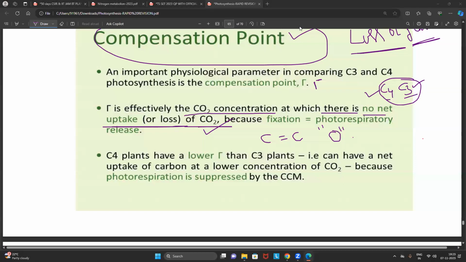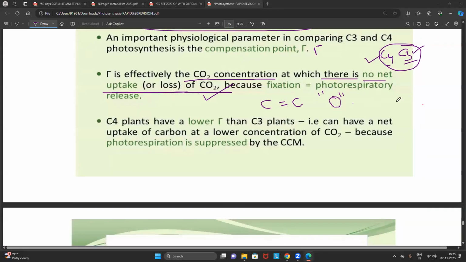Now, can I tell you one simple statement to all the students? Even though the carbon dioxide concentration is low, the C4 plants are highly effective in fixing the carbon when compared to the C3 plant.